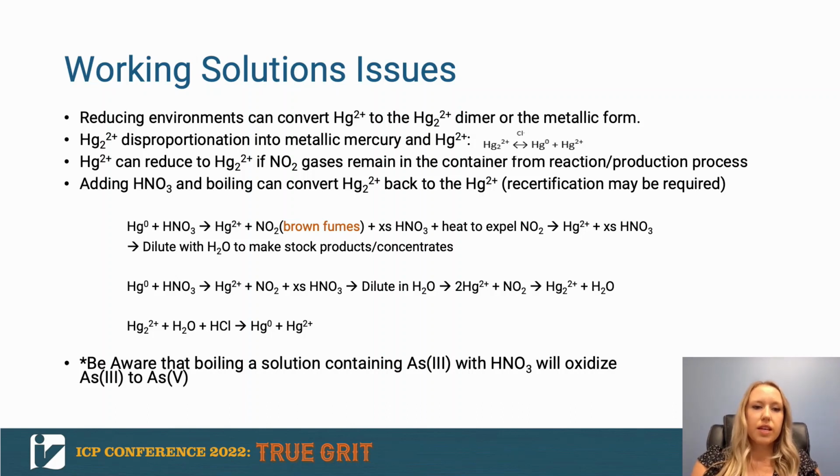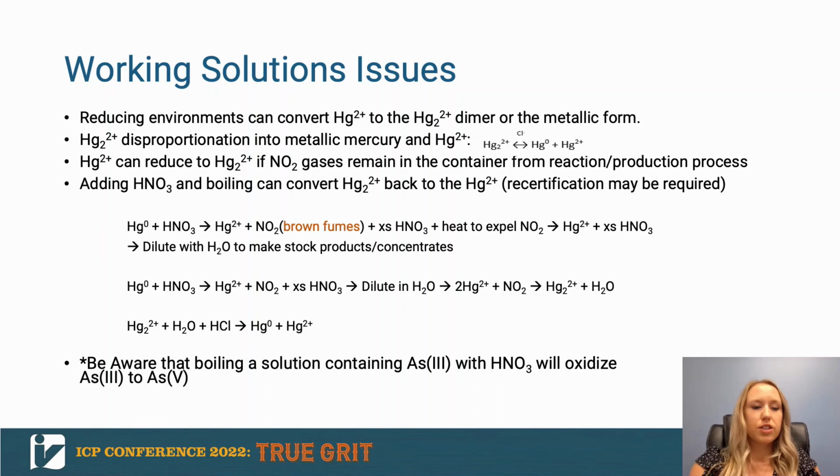So what we do is we heat that with excess nitric acid to expel all of those fumes, because if we don't do that, and those fumes are left over in the solution, those can cause reduction of the mercury ions to the dimer, which will then disproportionate into the metallic mercury and the mercury 2+ when exposed to chloride or any other form of ligand.